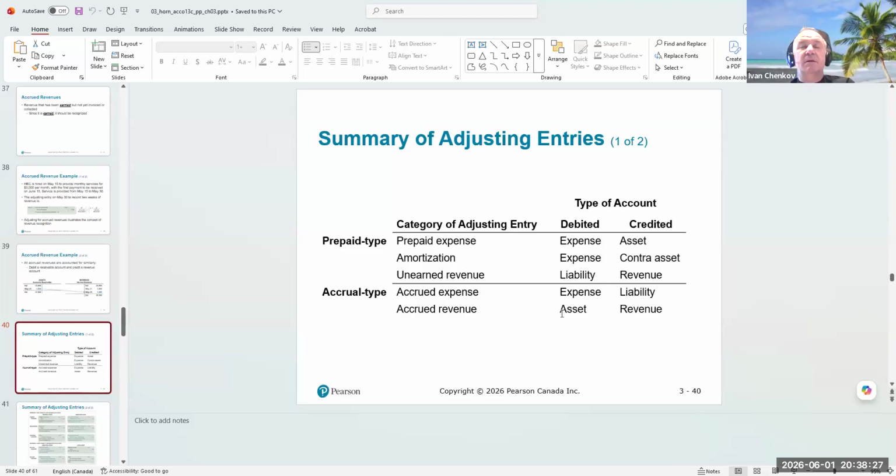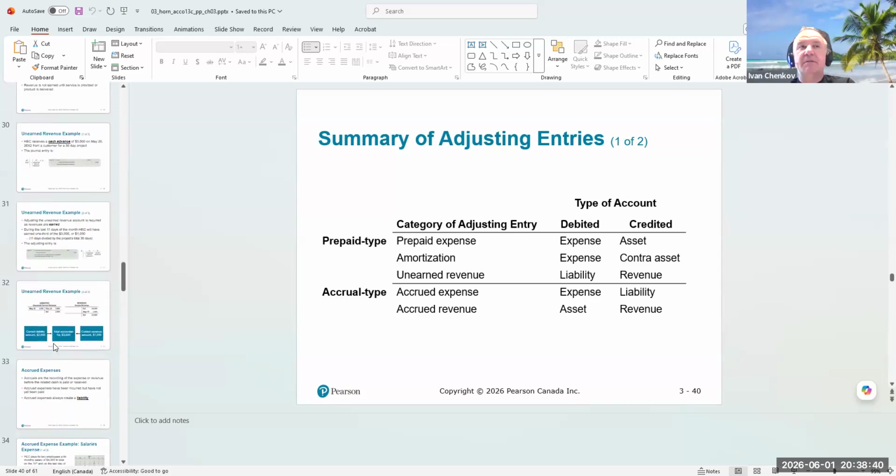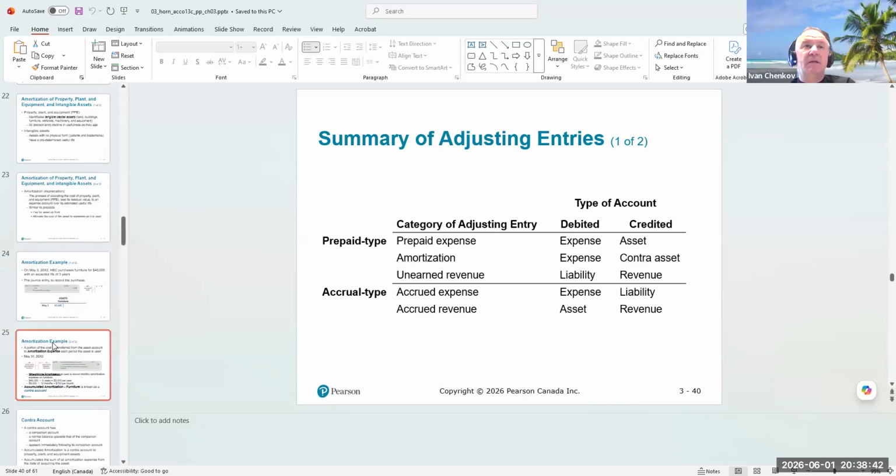So we're going to create this asset, which is accounts receivable, and we're going to show the revenue. And later on, we're going to close the accounts receivable when we receive the cash. The last one that is left is amortization, but let's do the amortization after a break.